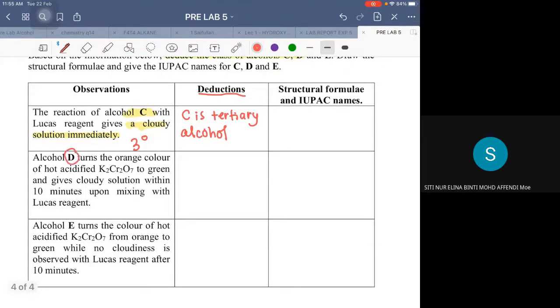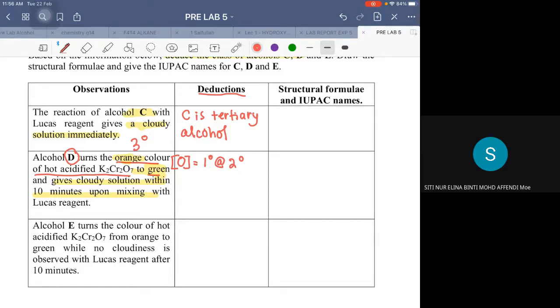Okay, D pula, turn orange colour of hot acidified dichromate to green, meaning that it is positive lah, sebab daripada orange jadi green, and give cloudy solution within 10 minutes upon mixing with Lucas. Okay, kalau dia buat oxidation test, dia positif lah kan, orange to green, so it can be primary or secondary alcohol because tertiary cannot oxidize.